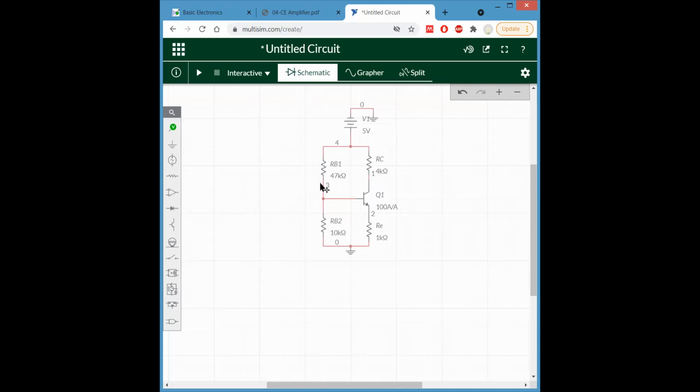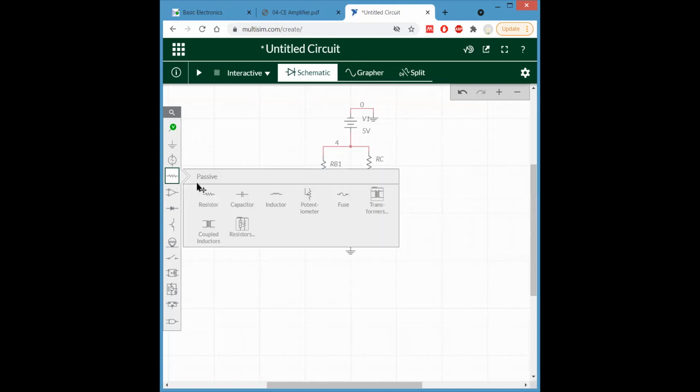But the next thing is that we have to apply a signal, and that means AC. So we have to isolate it from this bias, so that the bias does not interfere with the signal. That's why we have to connect three capacitors.